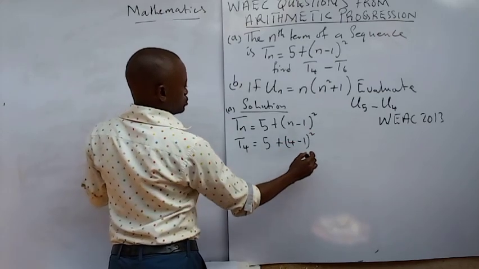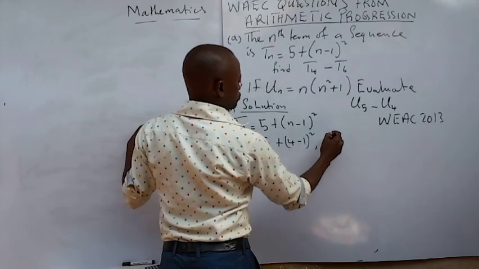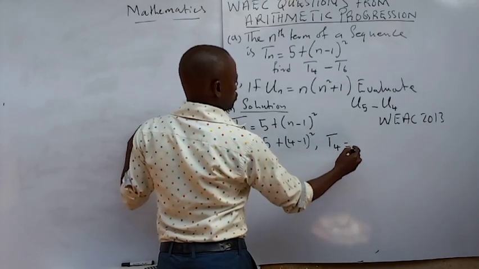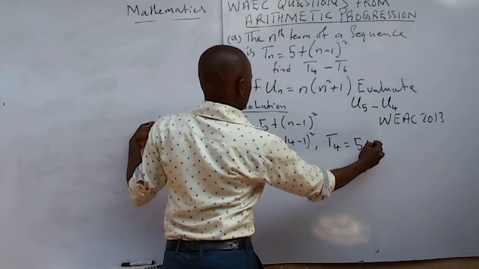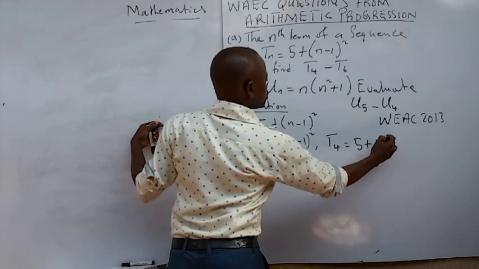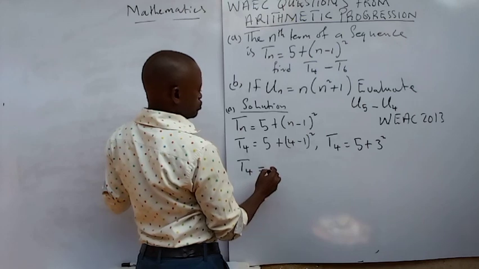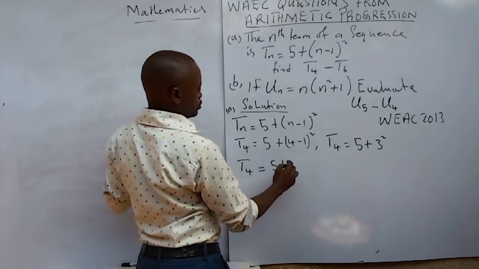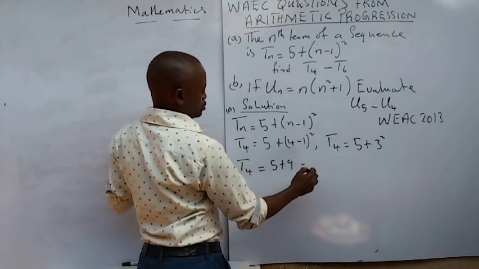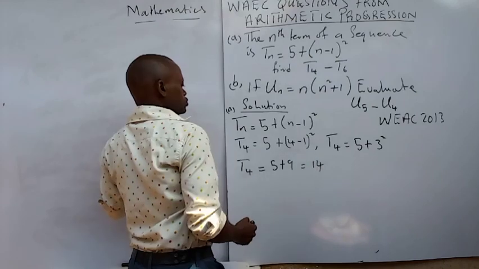That will give us that T4 is equals to 5 plus 3 raised to power 2. It then means that T4 is equals to 5 plus 9, and that is 14. You keep it.